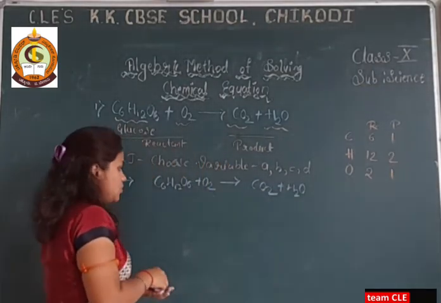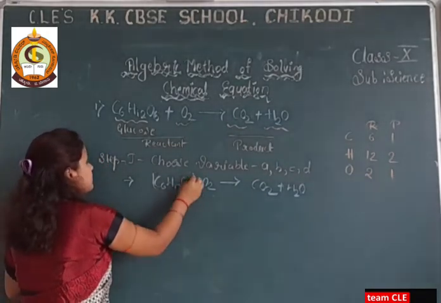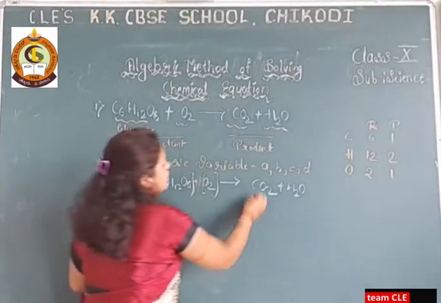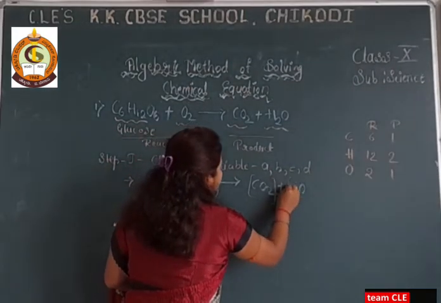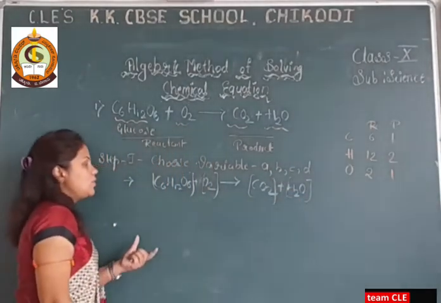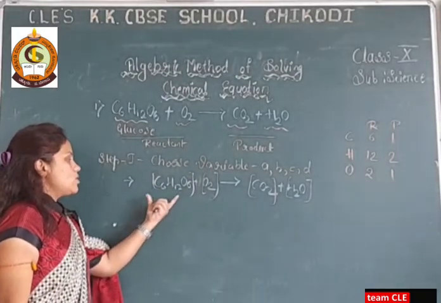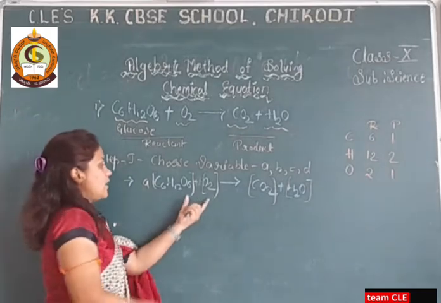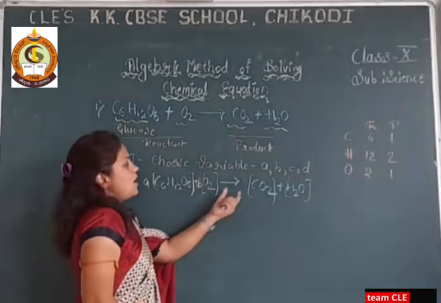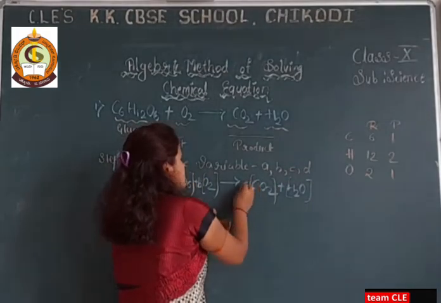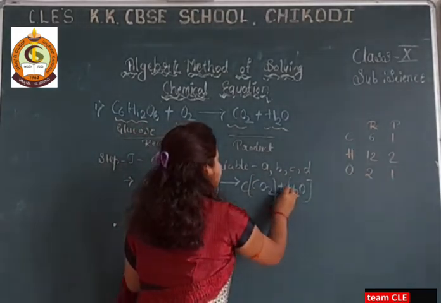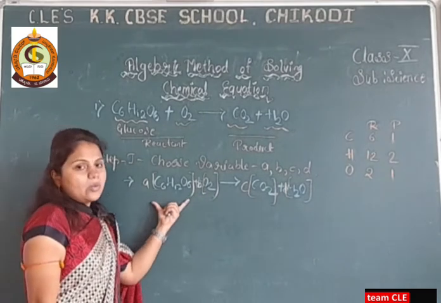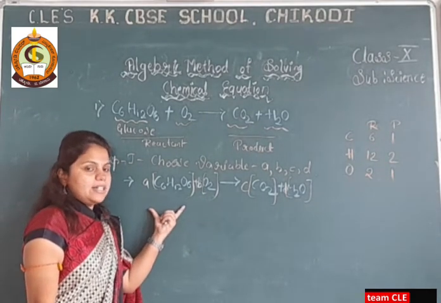Now we have to add variables. C6H12O6, this whole term, we multiply with A, then second B, third C, and fourth D. This is our algebraic equation for balancing the chemical reaction.